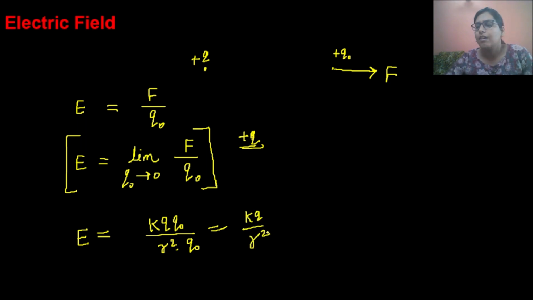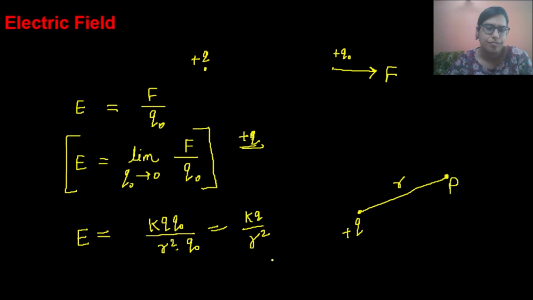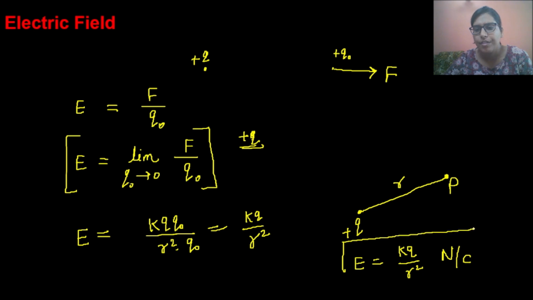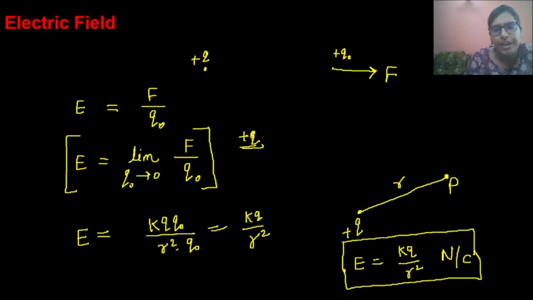This will be the electric field intensity due to plus Q charge at a distance R. That means electric field due to a point charge will be K into Q upon R square. Unit will be Newton per Coulomb. And we have to remember this formula. Dimension you can find from Newton and Coulomb.